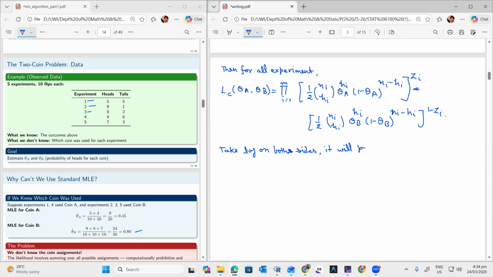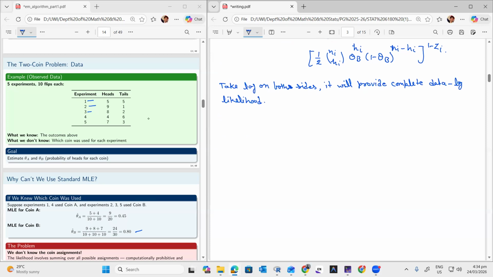It will provide the complete data log likelihood. We are going to denote the log likelihood with a small l, subscript c, of theta A, theta B.